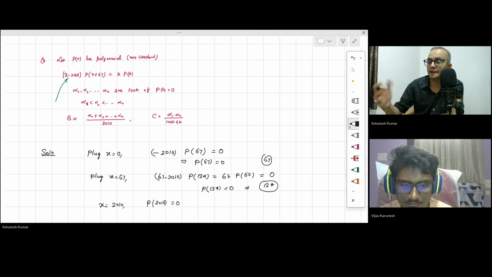Suppose you try 2010 plus 67, so it will become 2077. If you substitute 2077, where do you get 0 from? We cannot get 0 from anywhere. So 2010 is the last root.